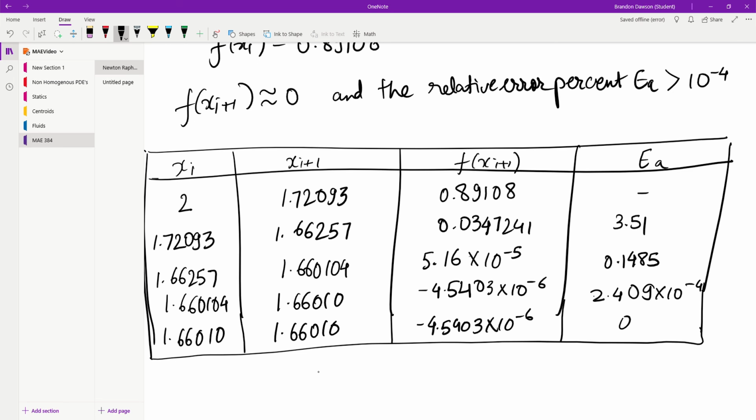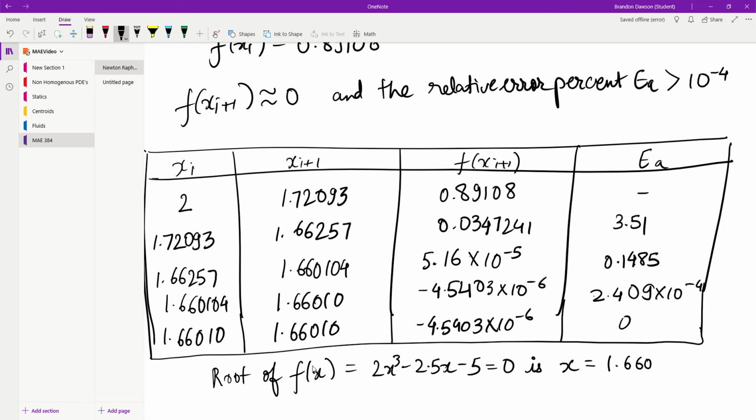So as we can observe, the value of f of xi is approximately equal to 0, and E of A, which is the relative error, is less than 10 to the power minus 4. So the root of f of x equal to 2x cube minus 2.5x minus 5 equal to 0 is x equal to 1.66010.